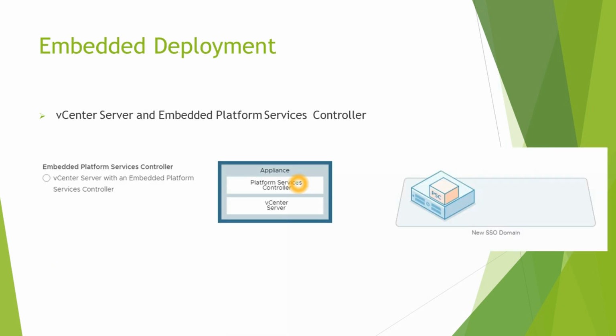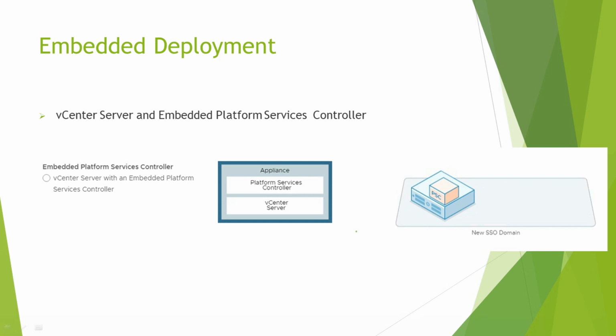Next, embedded deployment. As I said, I want to make this information concrete in your head. That's why pictures are always pretty to remember. So, vCenter Server and embedded Platform Services Controller. When you are doing the installation, you will see embedded Platform Services Controller, and you need to select that. So vCenter with embedded controller.